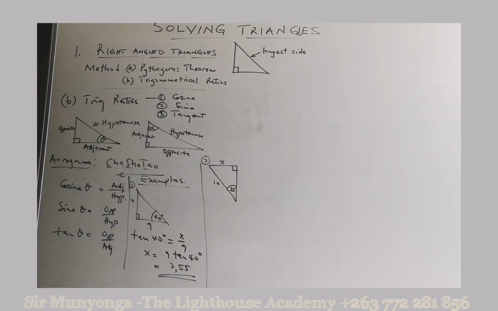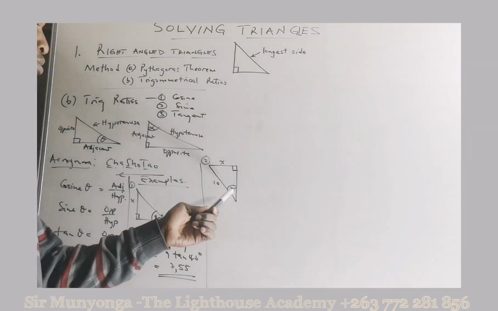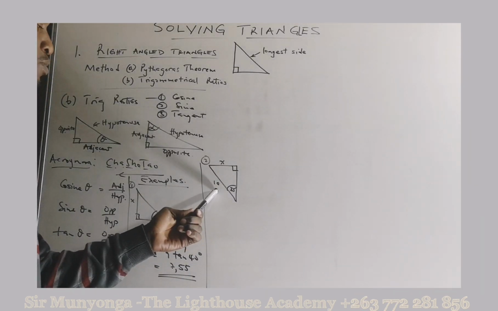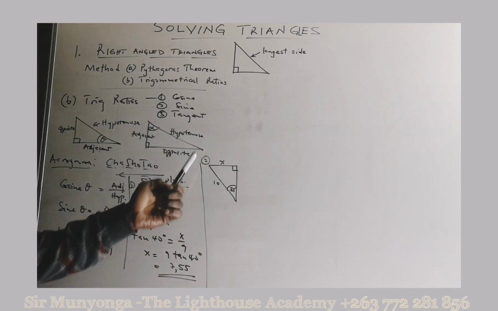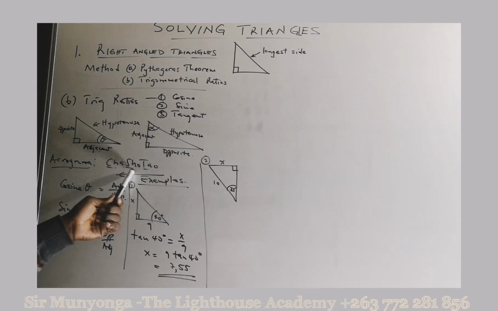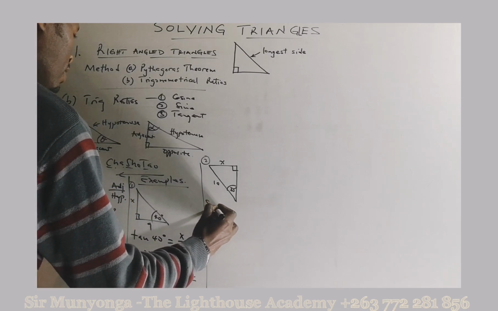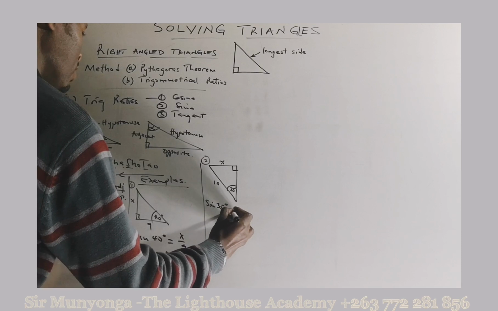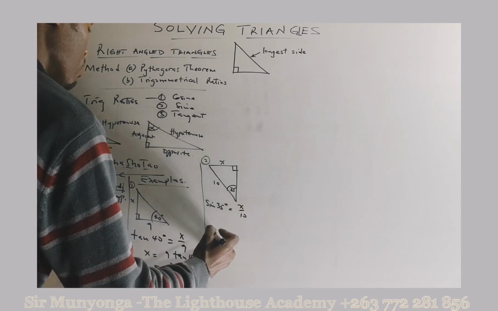How would you determine which trig ratio you are going to use? The side in question is opposite to the given angle, and the other side given is the hypotenuse. Which trig ratio relates opposite and hypotenuse? That's sine. So we say sine 35 degrees is equal to the opposite over hypotenuse.